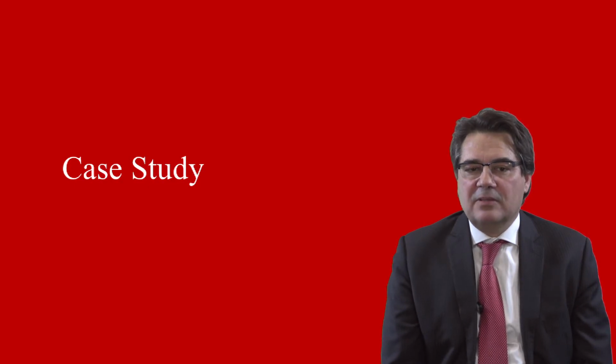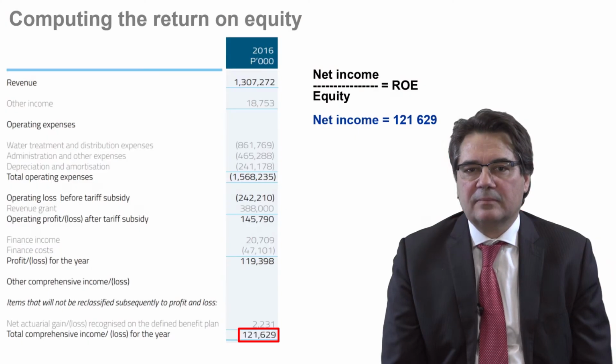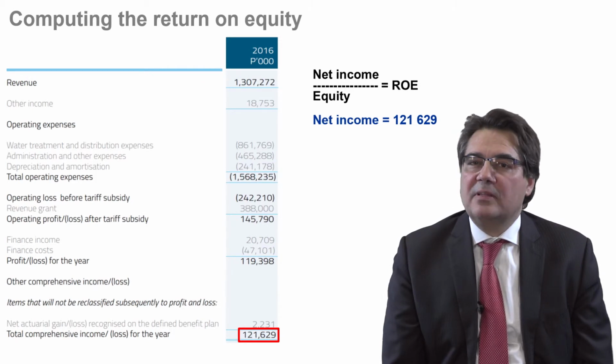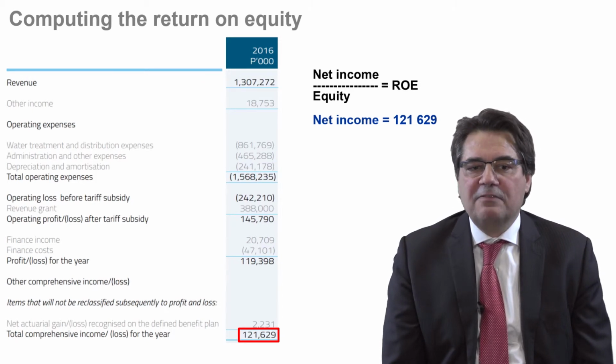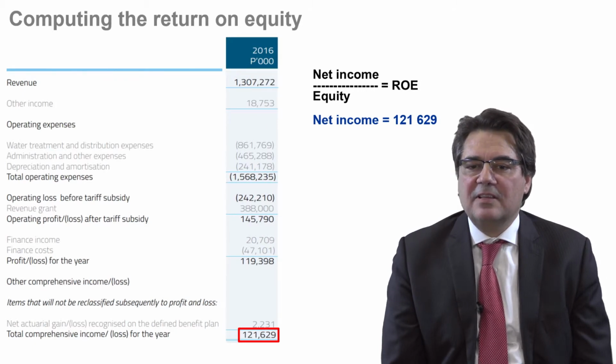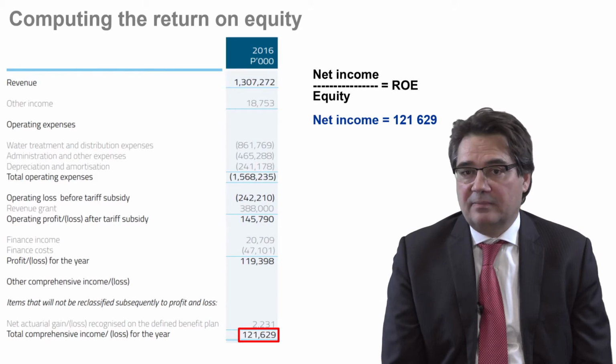Let's start the case study with a concrete example, the Water Utilities Corporation of Botswana. And we start by computing the return on equity. The most basic formula to calculate return on equity consists of inserting net income for a company as the numerator, and the denominator for return on equity is equity.